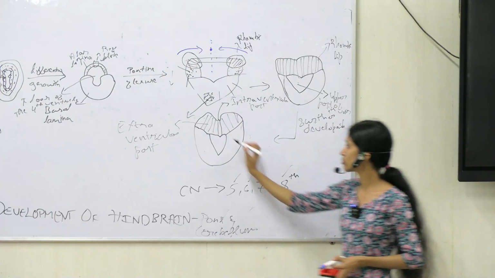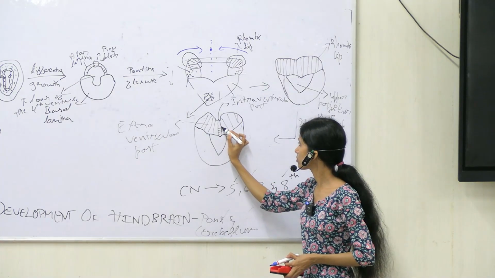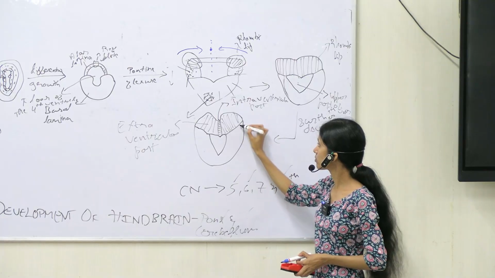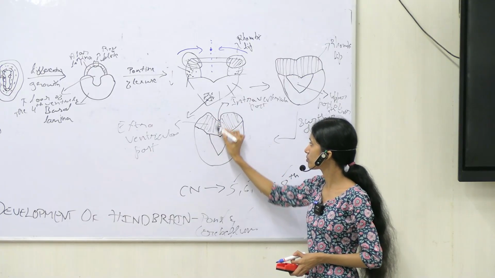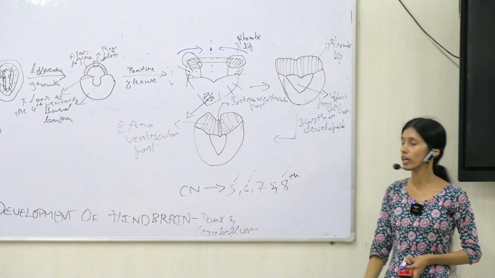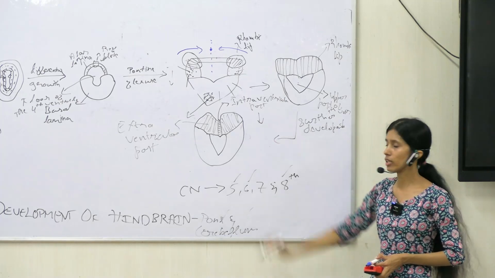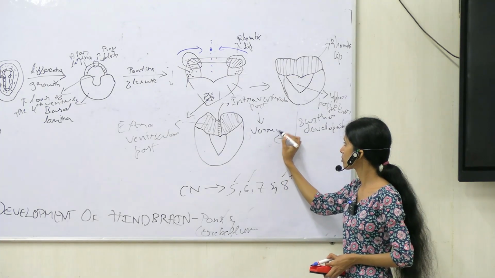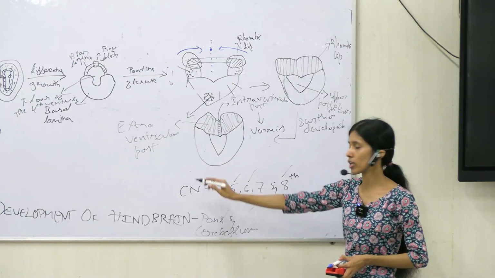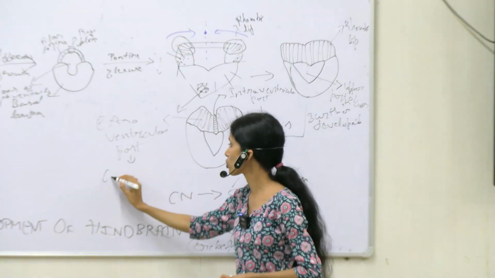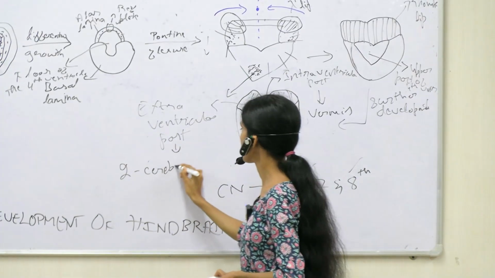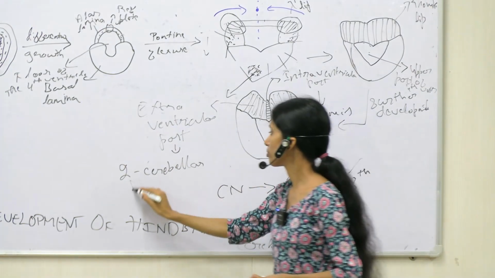Okay. So your intraventricular part will give rise to your vermis, and your extraventricular part will give rise to two cerebellar hemispheres.